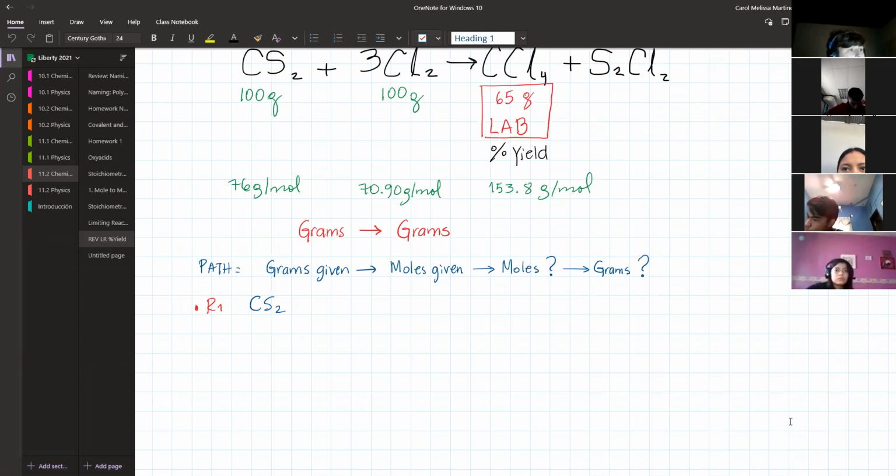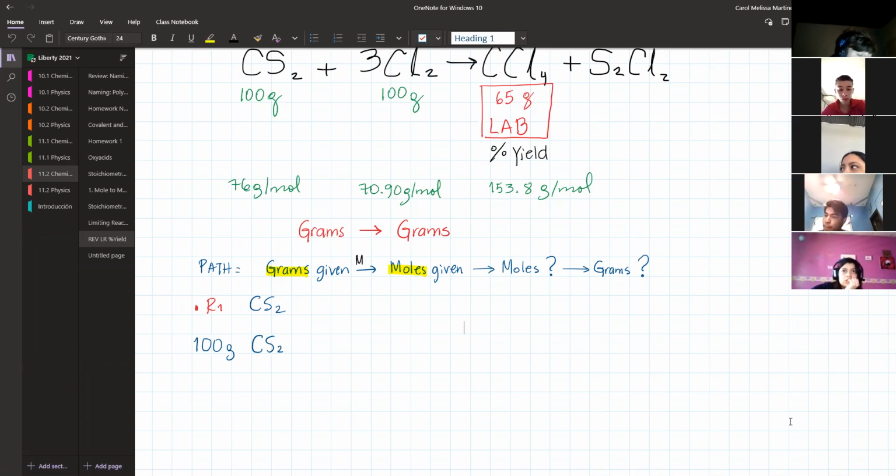So you say 100 grams given of CS2. So in the path, you have grams and moles. Between grams and moles, what do you have to use? Molar mass or molar ratio? Molar mass.